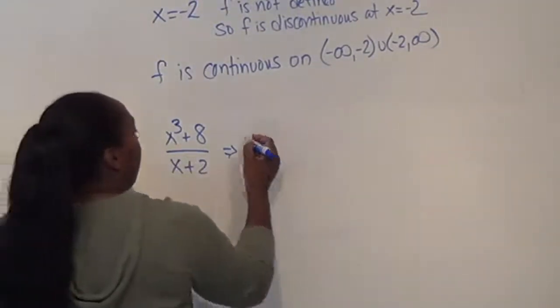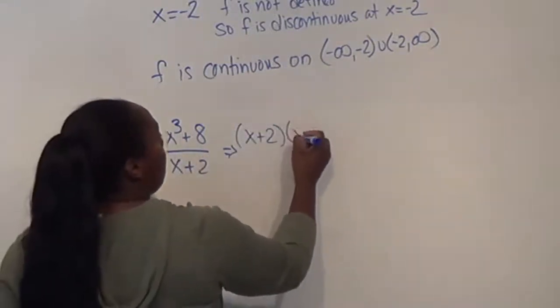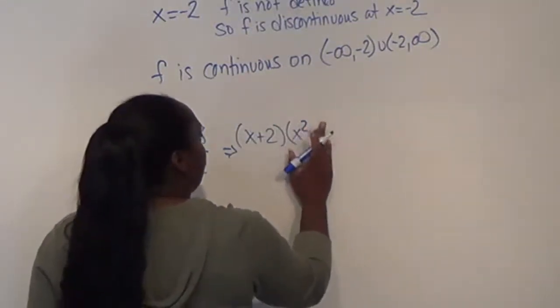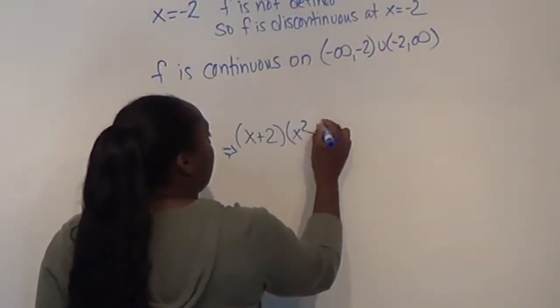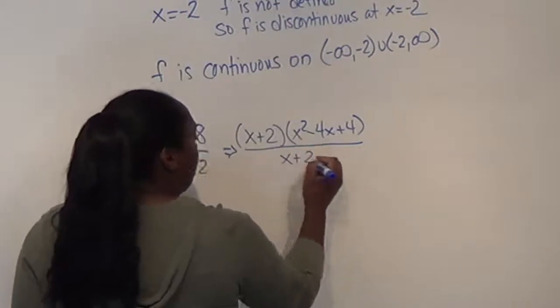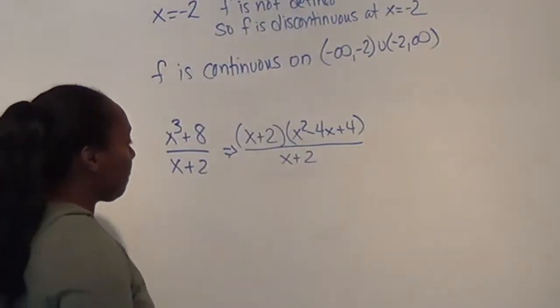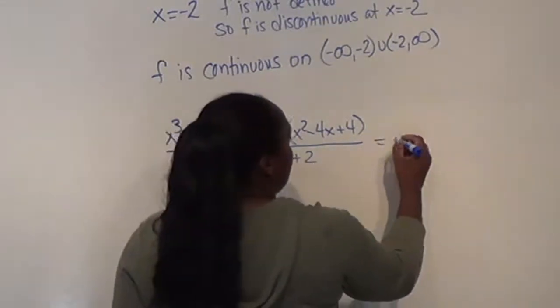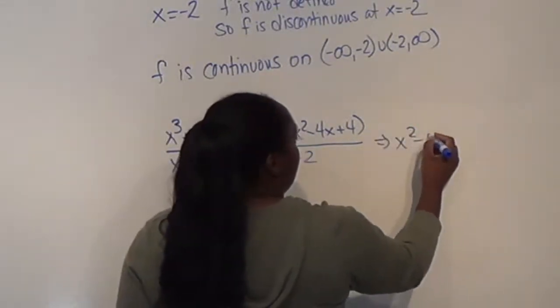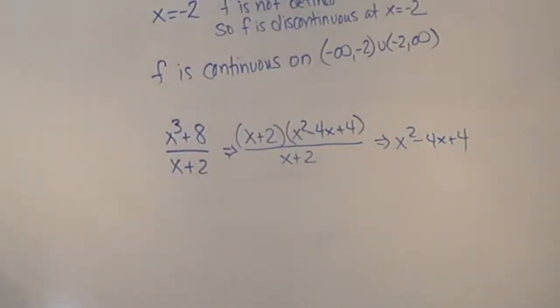So here we're going to start by simplifying, and in this case we can see it's the sum of cubes. So we can simplify by factoring out that numerator, and then we can cancel to get x squared minus 4x plus 4.